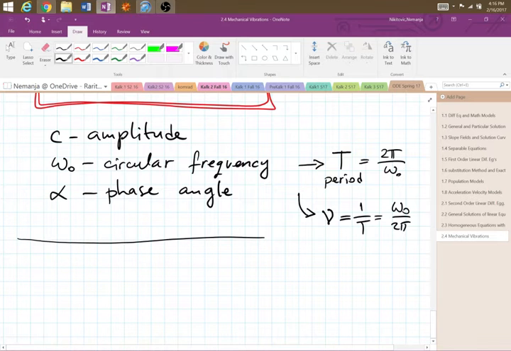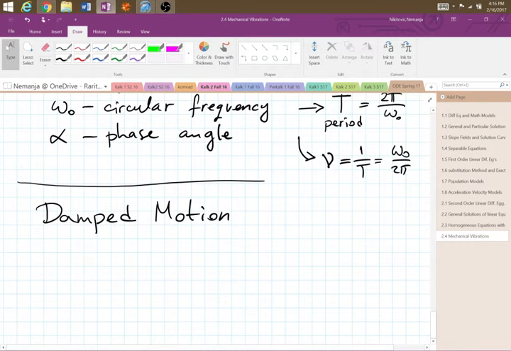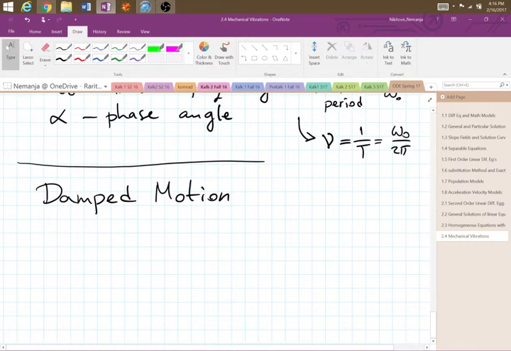Which means you are going to introduce the c term. So we have good old m x double prime plus c x prime plus k x equal to 0.